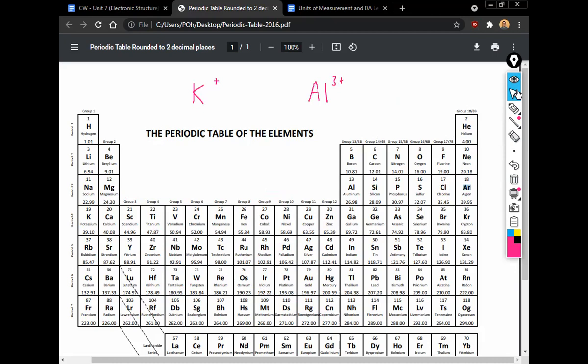It's going to be a little bit trickier, but I want you to draw the Lewis structure for K plus and Al3 plus. If it helps, you can try the shell model first, but you want to get comfortable drawing the Lewis structures without the shell model.